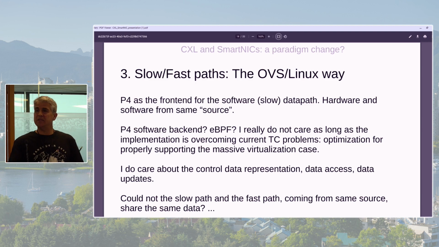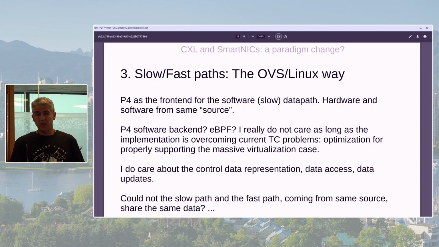But it has been discussed whether we should use eBPF for the backend, or some other kind of thing. I don't know, and I don't care, as long as the implementation solves the problems that current TC has. So really, I don't care. I care about the representation, about how that data is going to be there.